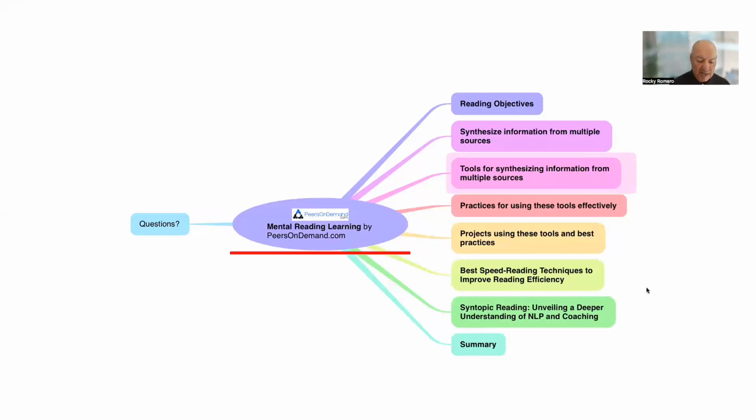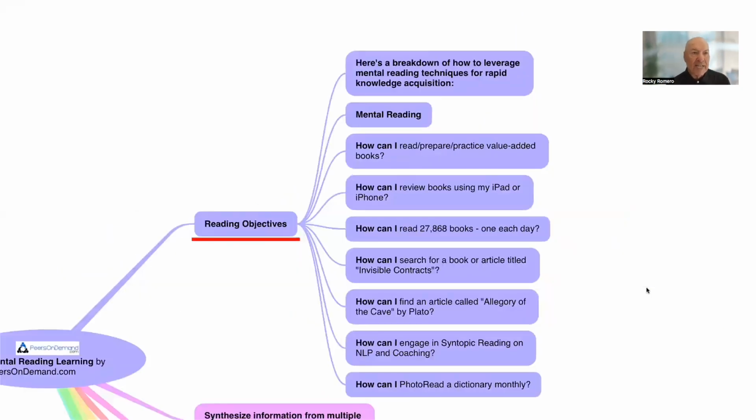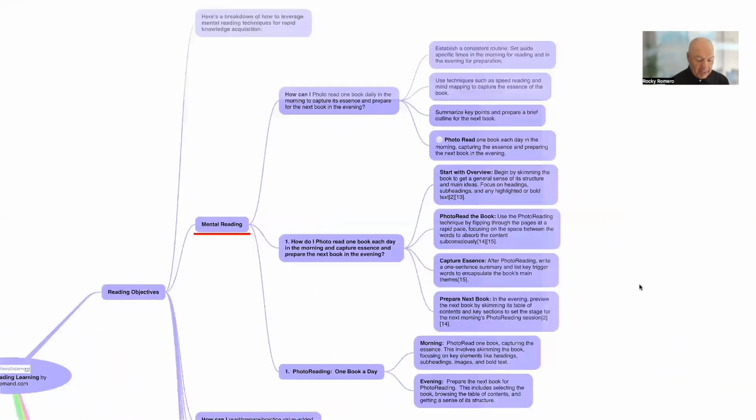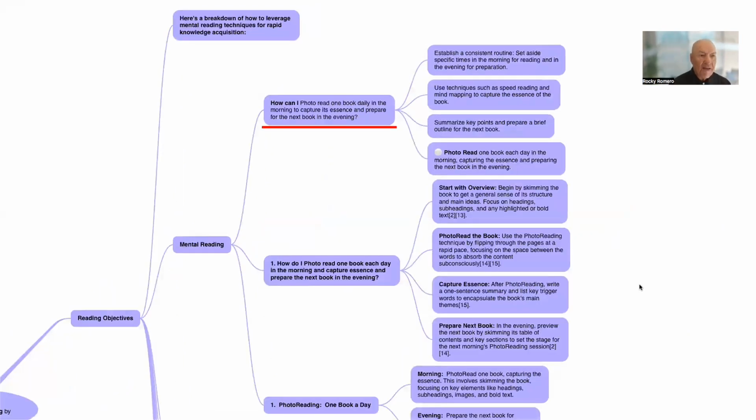So let's get started. Reading objectives. In reading, there are multiple areas where I set targets to get better. The key here is that there are multiple techniques in reading, one of which is photo reading.